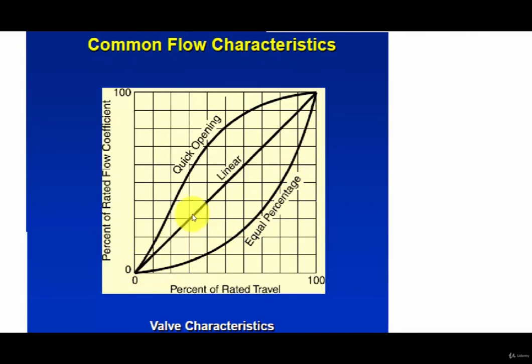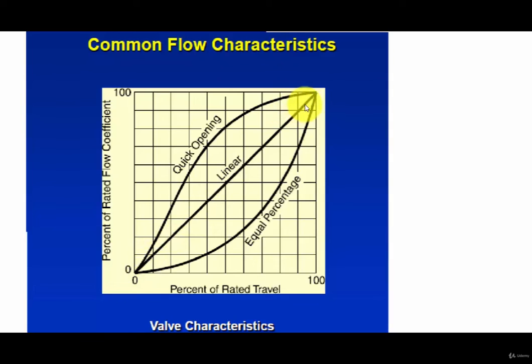So if it is linear, the flow changes perfectly with travel: at 50% travel opening, the rated flow is also 50%, that is nothing but flow coefficient 50%. If it is 75% travel, it is 75% flow. That is a linear characteristic, which we will very rarely get, and we will not get exact linear.